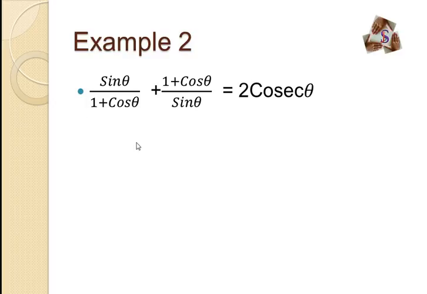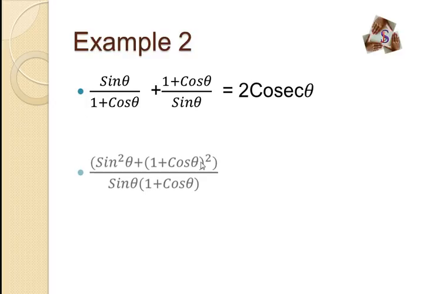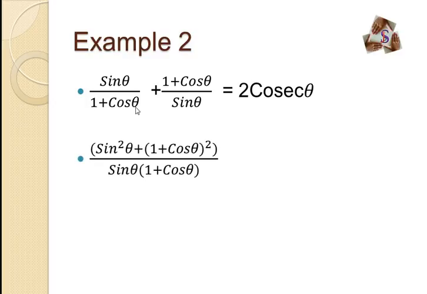So we consider our left hand side first. Sin theta by 1 plus cos theta plus 1 plus cos theta by sin theta. Now when we see that these two expressions have two different denominators, we bring them to a common denominator by multiplying them, so it's sin theta into 1 plus cos theta.